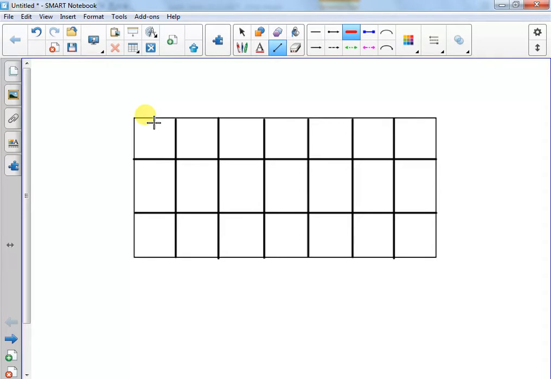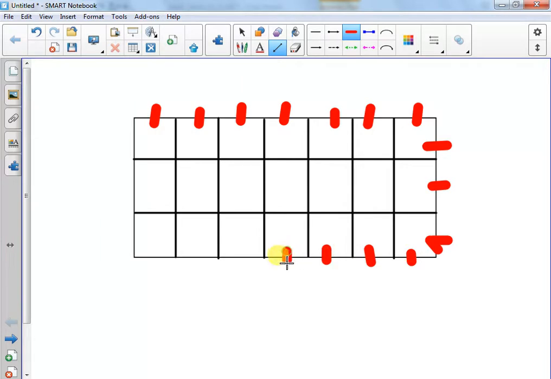the lengths around this shape, like 1, 2, 3, 4, 5, 6, 7, 8, 9, 10, 11, 12, 13, 14, 15, 16, 17, 18, 19, 20.